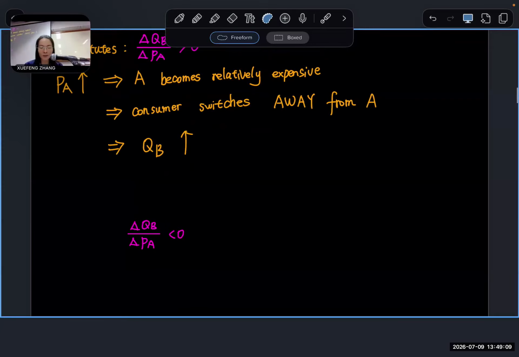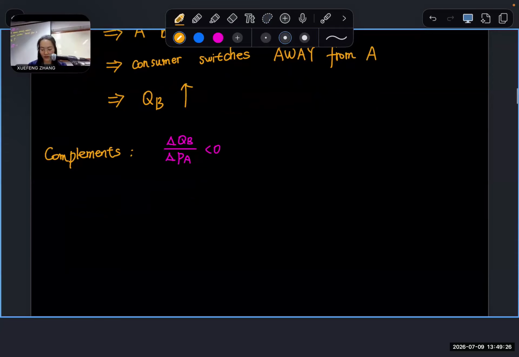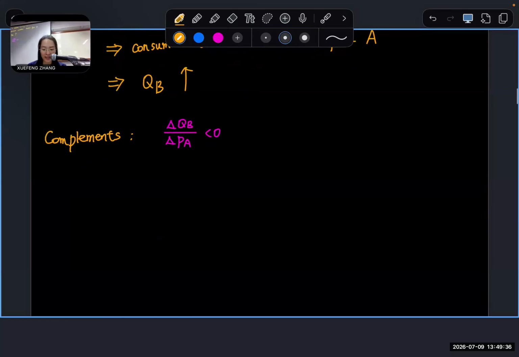Next one, complements. I'm going to show you why the sign here is negative, less than 0. Complements are goods that we consume together. So here, the price of A increases. Consumers buy less of A, right?